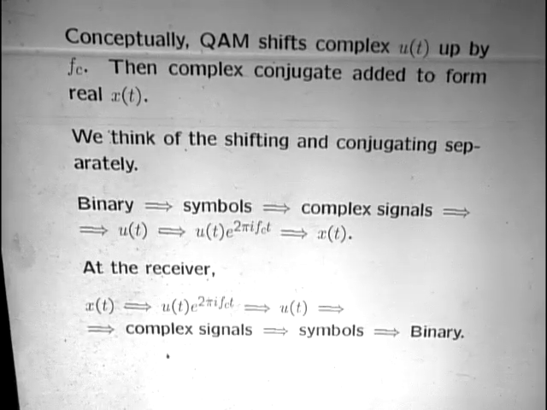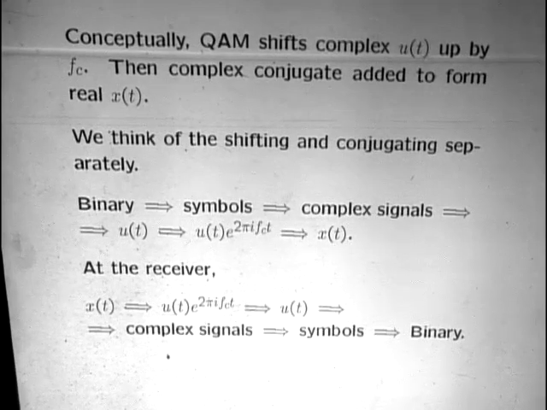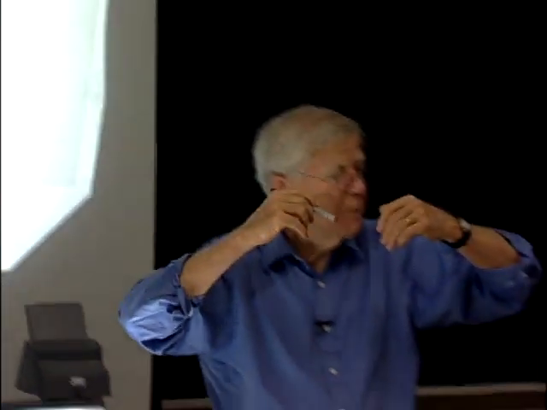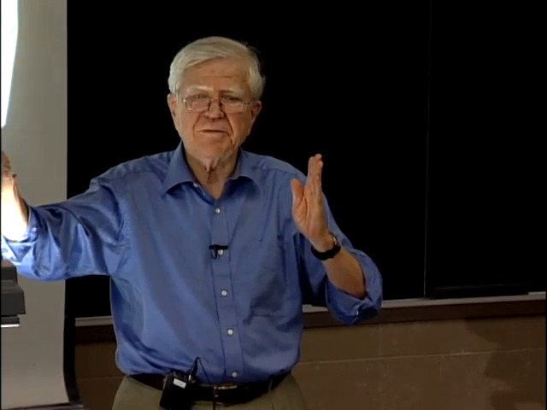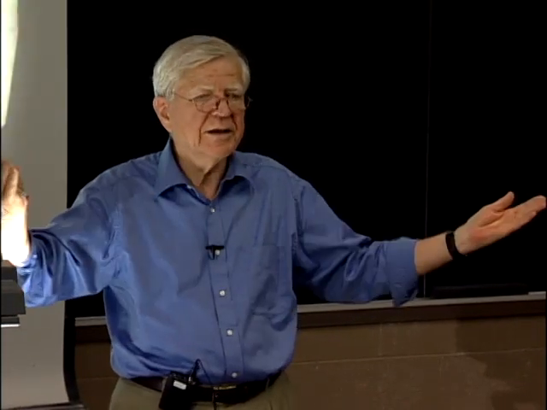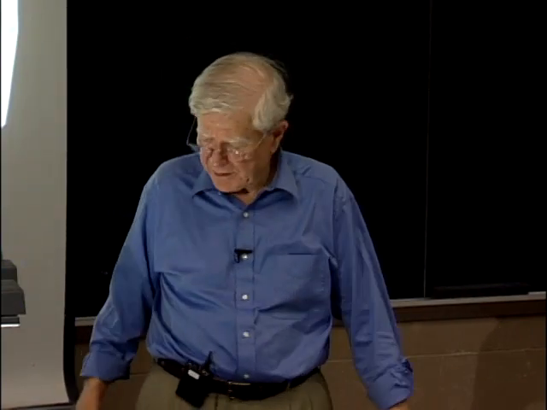First, you take the waveform, you translate it up, then you take the real part or something, or add the negative frequency part, and we're going to think both of this double operation of one going from u of t to the positive frequency part of things, and then of looking at the real waveform that corresponds to that.